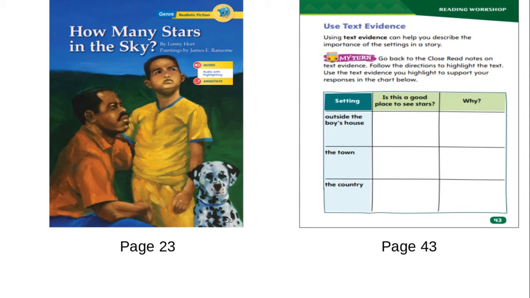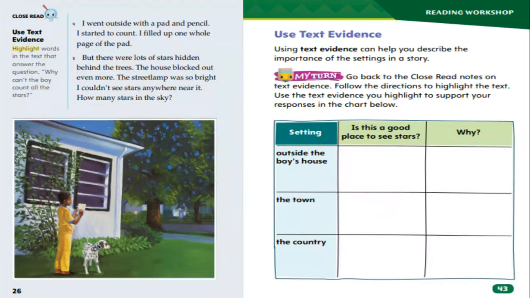The story, How Many Stars in the Sky, starts on page 23. Since you've been reading that, you can probably get to that quickly. You can find on page 43 the graphic organizer we are going to use. So, when we practice finding text evidence, we are going to do an I do, we do, and a you do.